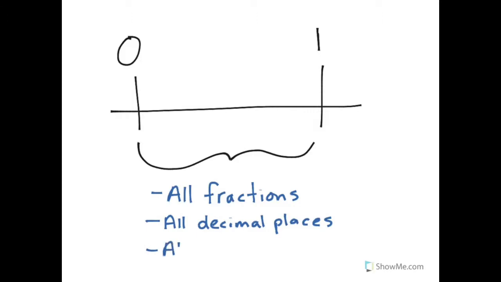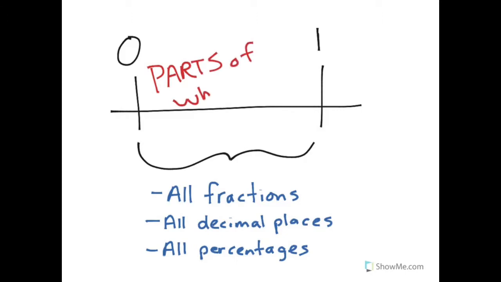All percentages live here. And most importantly, the concept that you need to understand is these are all between 0 and 1. All parts of wholes. Part of one whole to be exact.